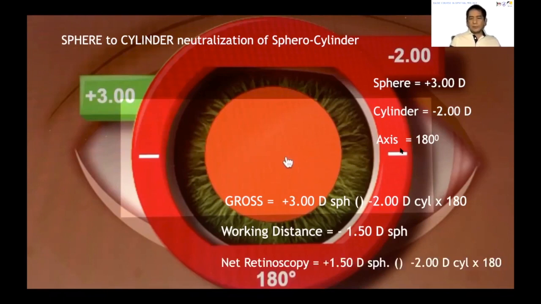Okay, you will get a plus 150 diopter sphere combined with minus 2 diopter cylinder axis 180. That is your net retinoscopy. So again, in the spherocylinder technique, you neutralize the first meridian with a spherical lens and then neutralize the secondary meridian with a cylinder lens.